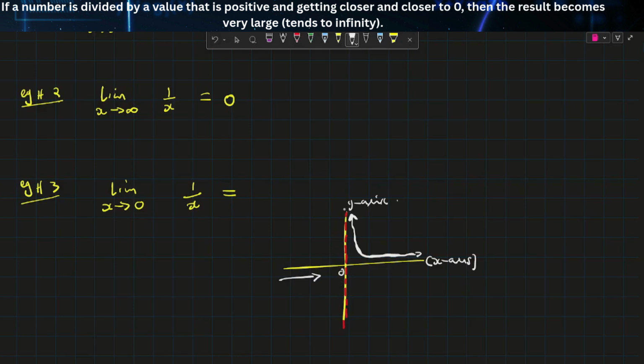Is it going to approach the same direction like the graph? Is it going to be something like this? No. We are going to realize that as x approaches 0 from the negative direction, our value is going to be very small. So the more we get to this side, our y value is getting smaller, right?